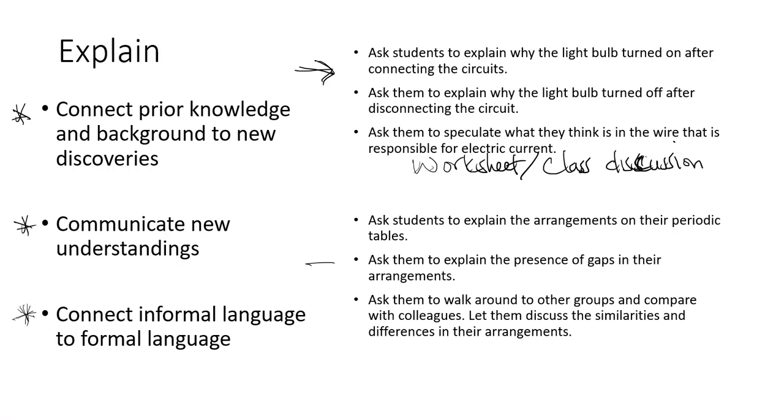Now, if I talk about the atom, I'll ask my students to explain the arrangements on the periodic table, ask them to explain the presence of gaps in the arrangements, and ask them to walk around to other groups and compare with colleagues. Let them discuss the similarities and differences in their arrangements.